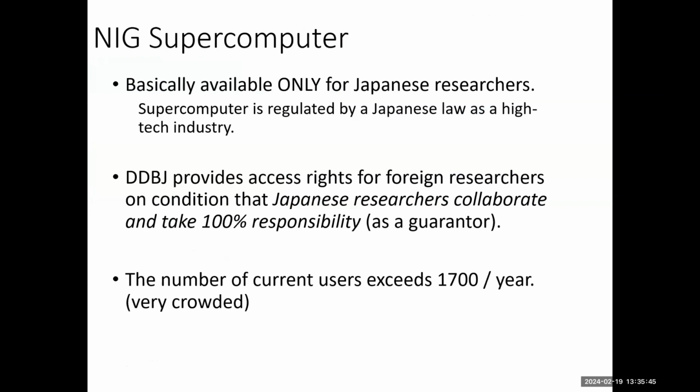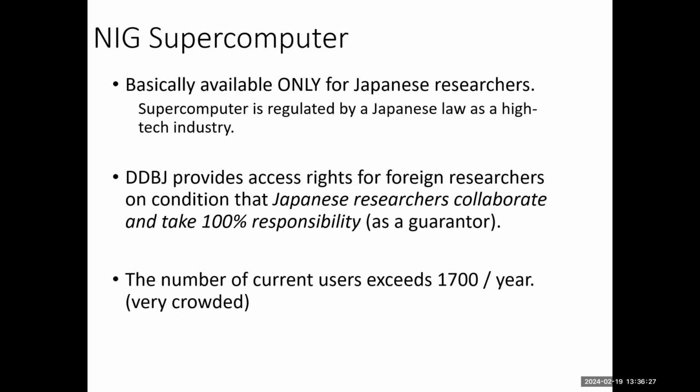This NIG supercomputer will be explained in the next lecture by Dr. Okuda, and it is basically available only to Japanese researchers. But some participants have already obtained permission to log into the NIG supercomputer. This is possible on condition that you, foreign researchers, collaborate with Japanese researchers, and that those collaborating Japanese researchers take 100% responsibility as a guarantor.